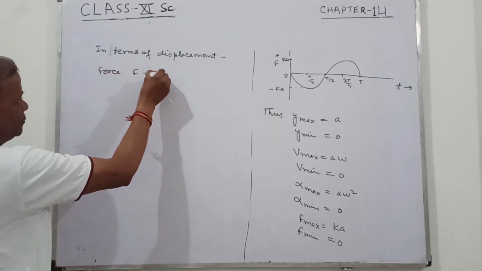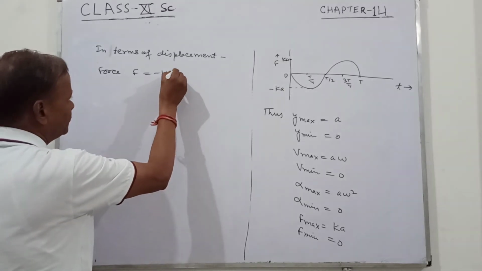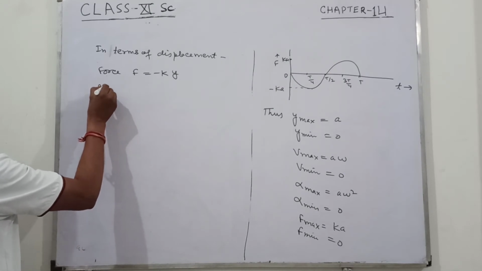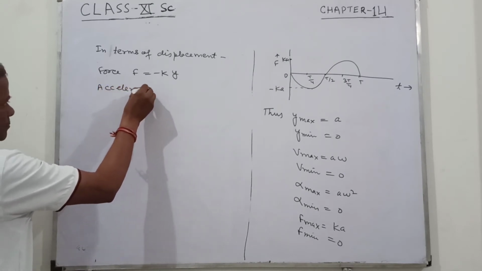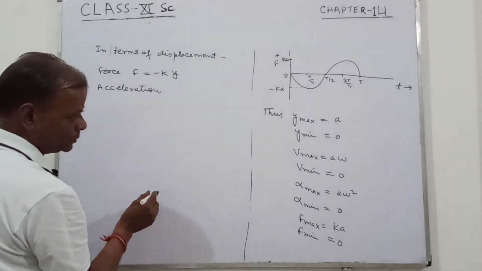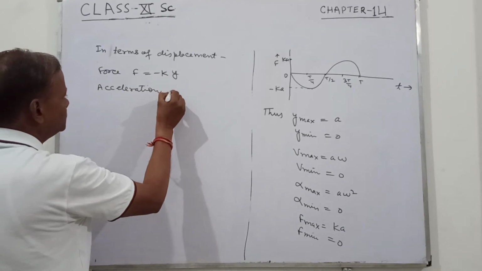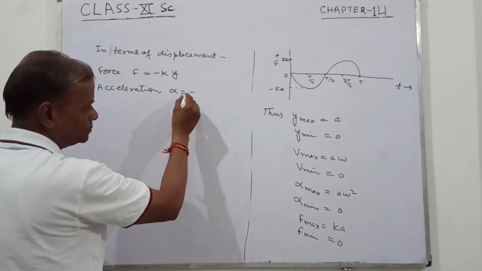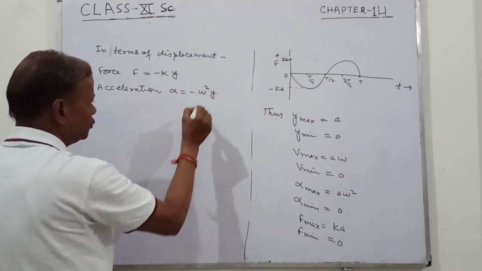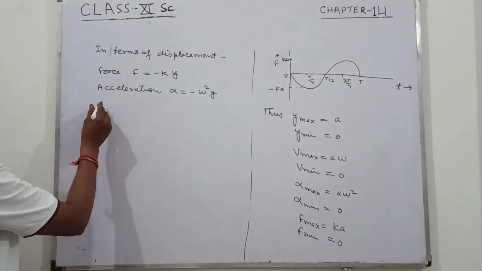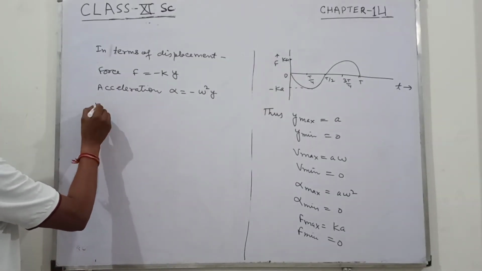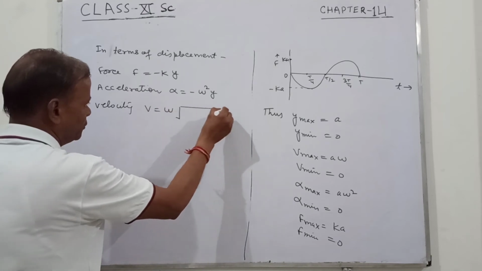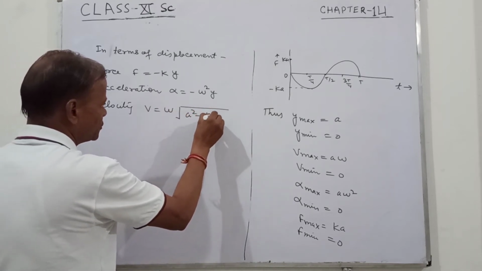Force F equal to minus Ky, and acceleration alpha equal to minus omega square y, and the velocity v equal to omega square root of A square minus y square.